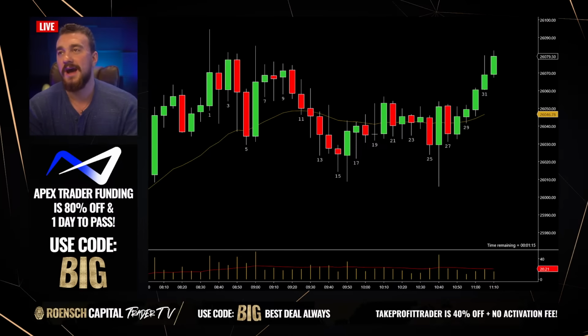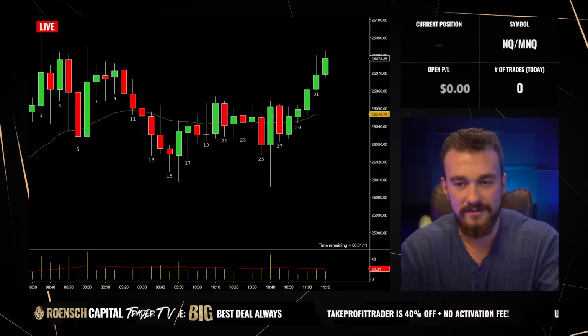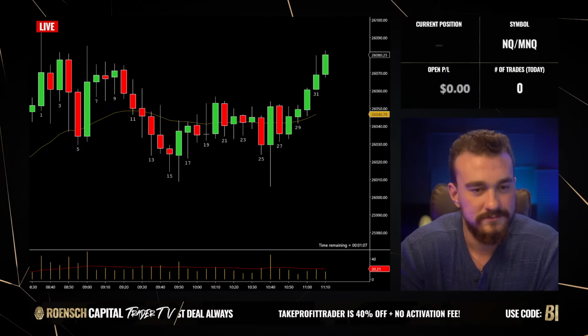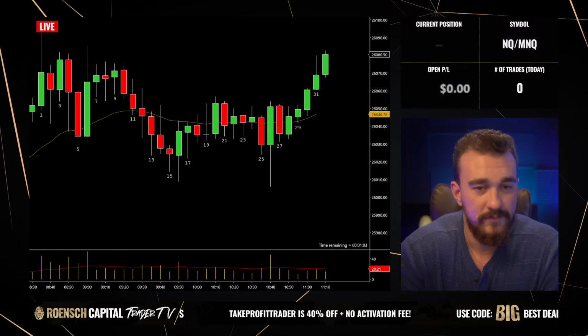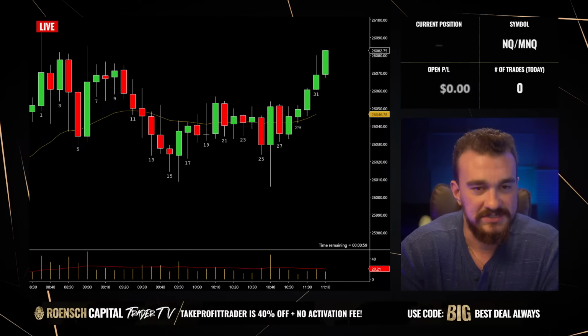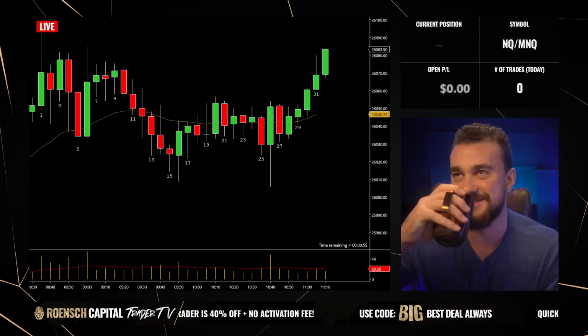Right above the wick high of bar number 1, the current high of day. So let's see. Is this going to be a lesson in stop hunts or a lesson in risk management? Let's see what we get.